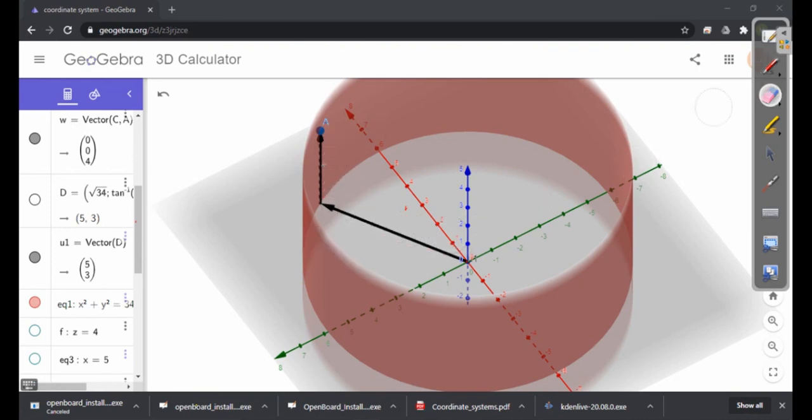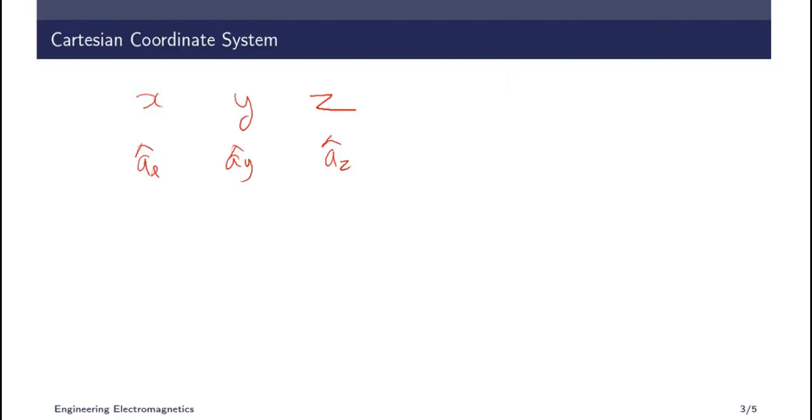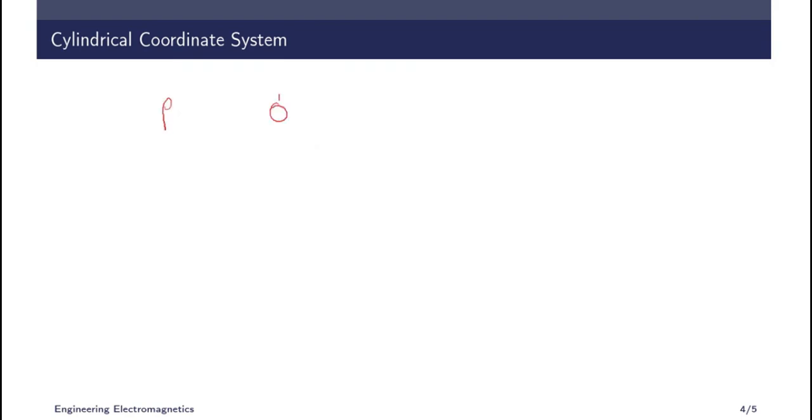So if I go to the next one, the cylindrical coordinate system, here I require three parameters: rho, phi and z. So what will be the unit vectors? Unit vectors will be a rho cap, a phi cap and a z cap.